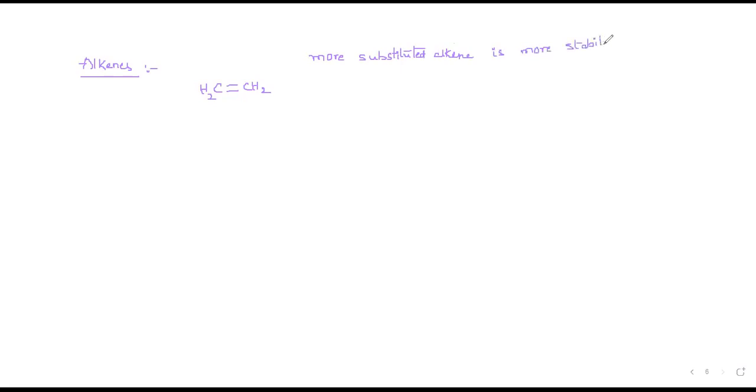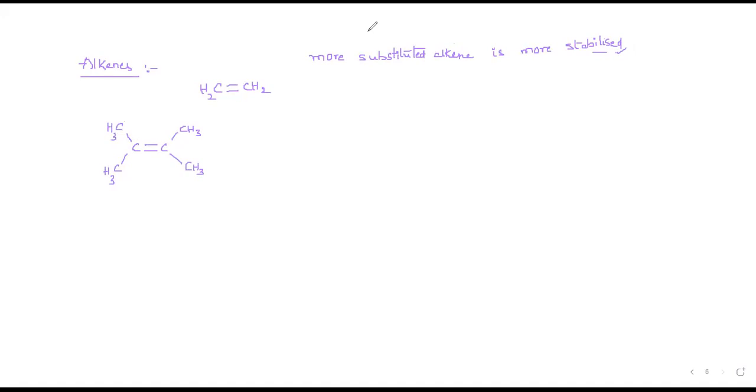Let me go with this representation: a carbon-carbon double bond with methyl groups, where all 4 hydrogens of the alkene are replaced by simple alkyl, which I have represented as methyl.